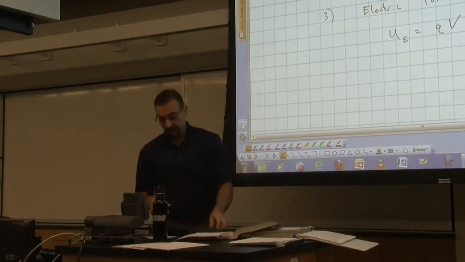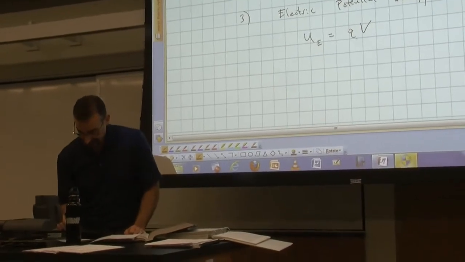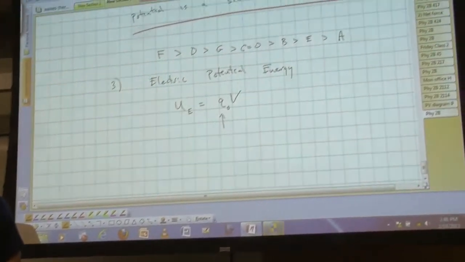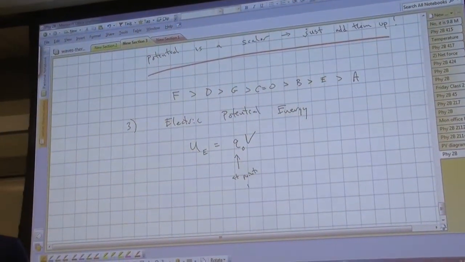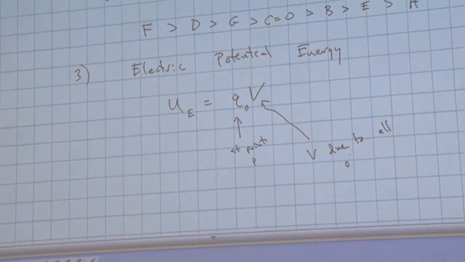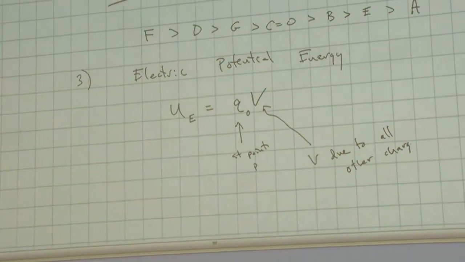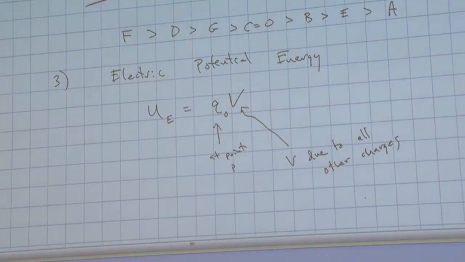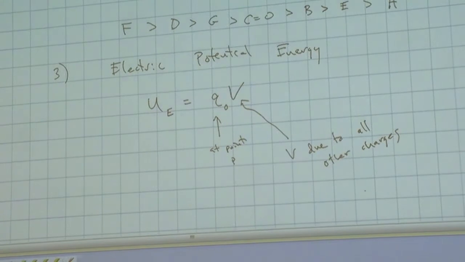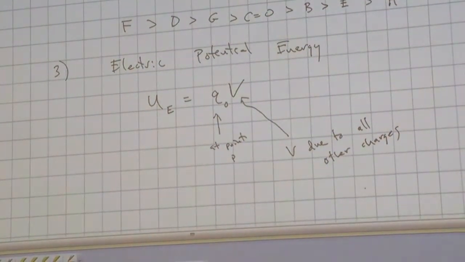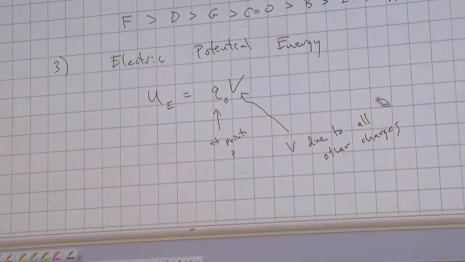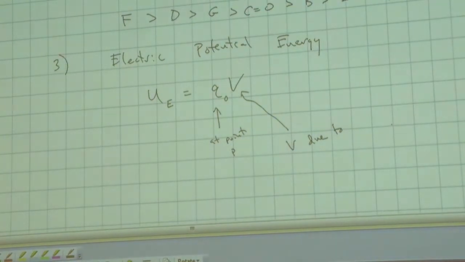This is the charge, the one that we're putting at point P. And in potential, we're using the other charge, due to all the other charges. This is due to an existing charge.